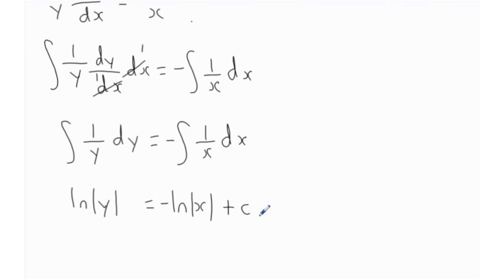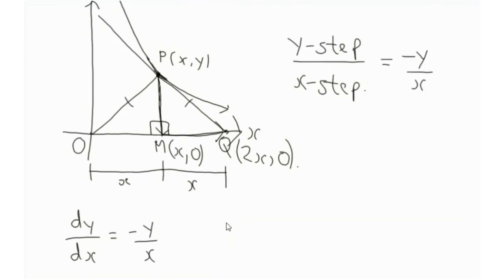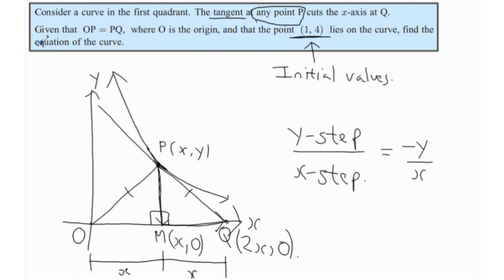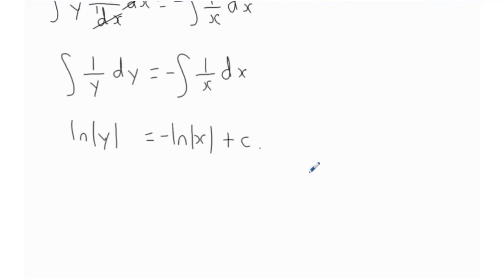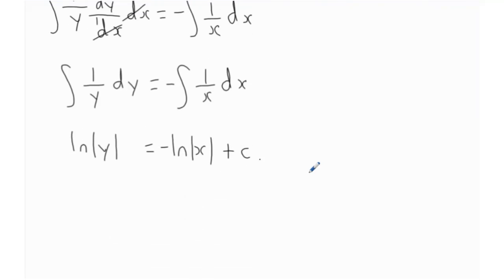So now it's awkward to know where to go, but if we want to undo that log, because we're looking for the equation of the curve, so we're looking for a nice relation between x and y, we want to try and get rid of these ln's if we can.